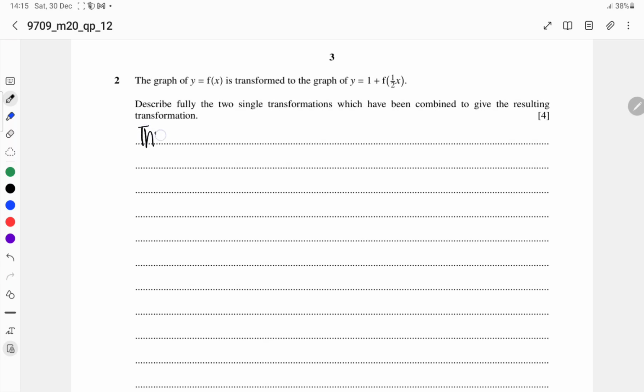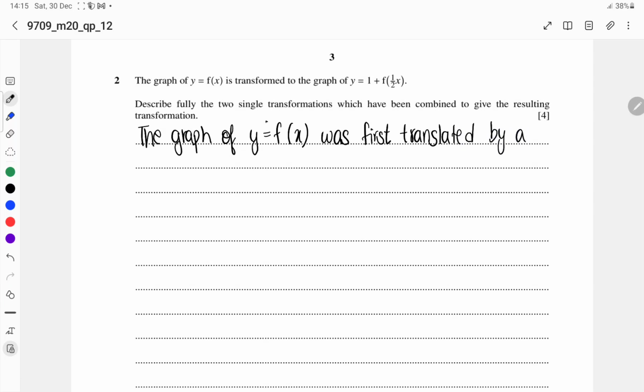So the graph of y = f(x) was first translated by a translation vector of (0, 1) to move the graph 1 unit upward.